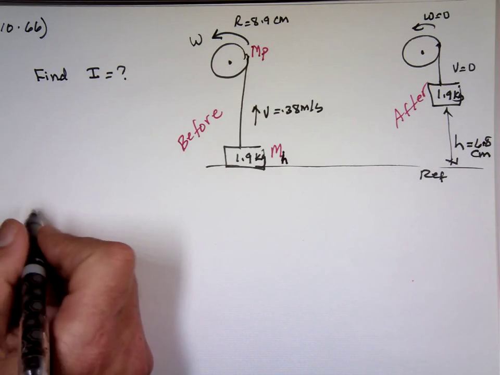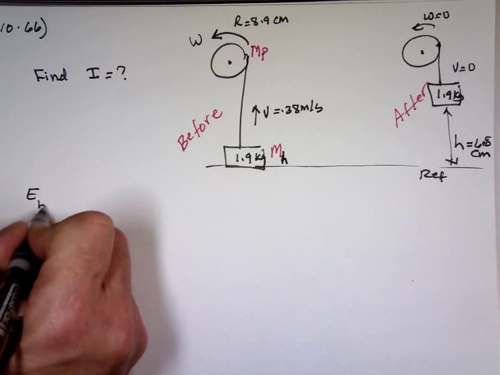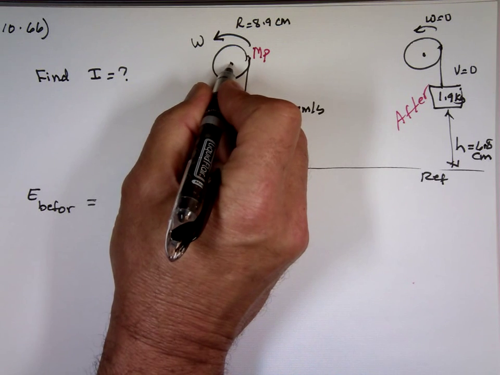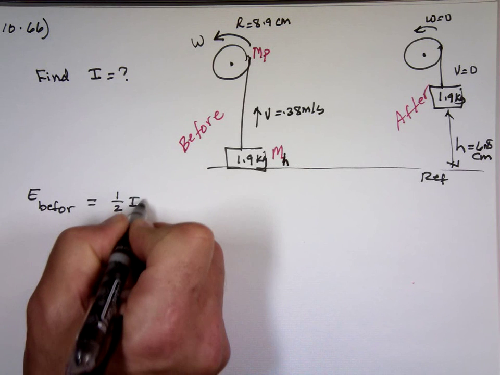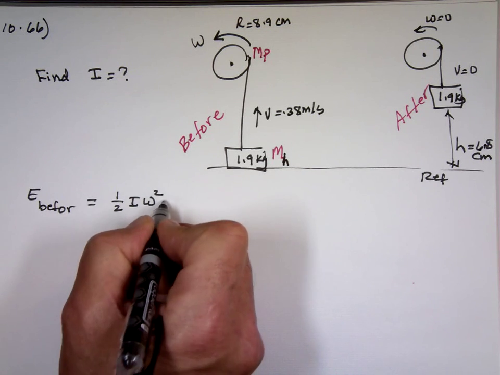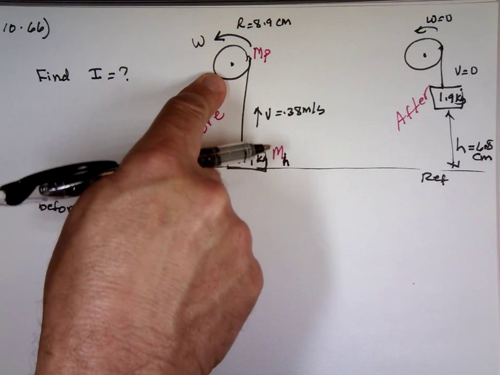So let's look at the energy before. This has a kinetic energy due to rotation, which is 1/2 I W squared. Plus, that's the only energy this one has. It spins. It's not moving up and down.